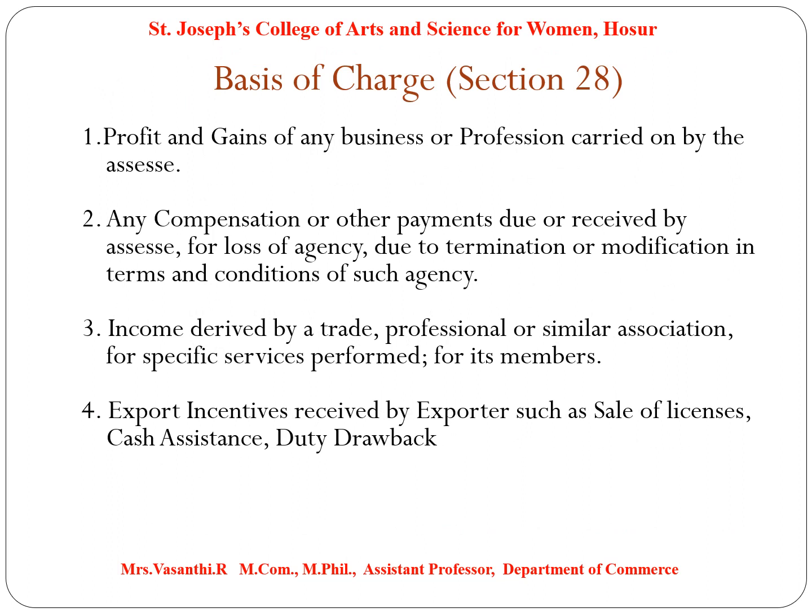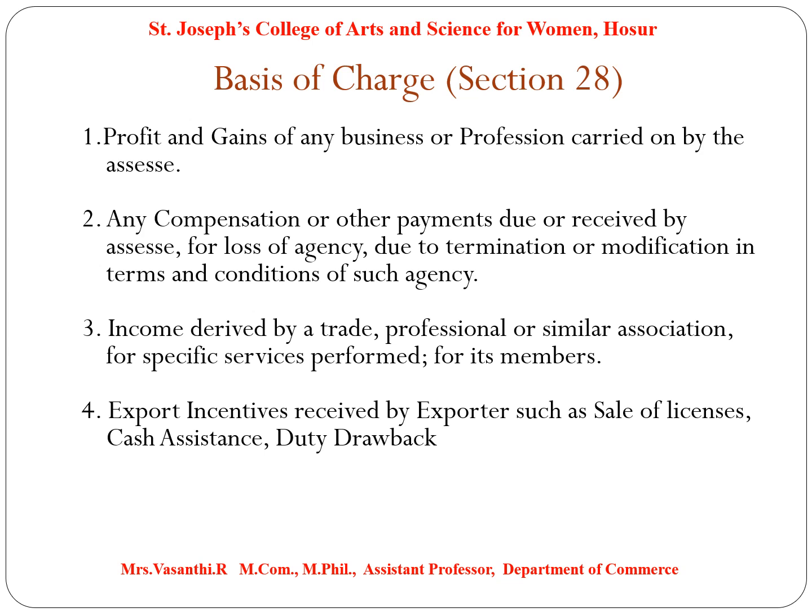So these are the basic charges of profits and gains of business or profession under Section 28. The assessee carries on a business or profession and earns profits and gains. Any compensation or payment received by the assessee on loss of agency or termination of agency comes under the basic charge of business or profession.